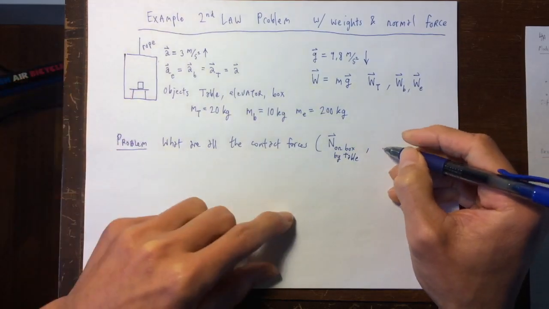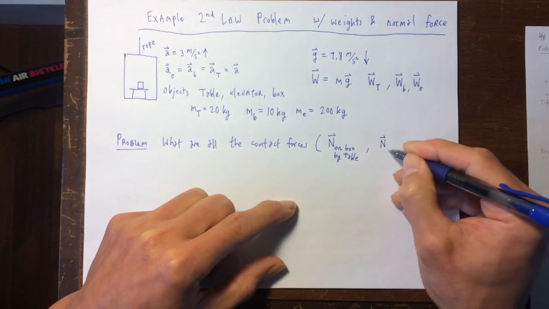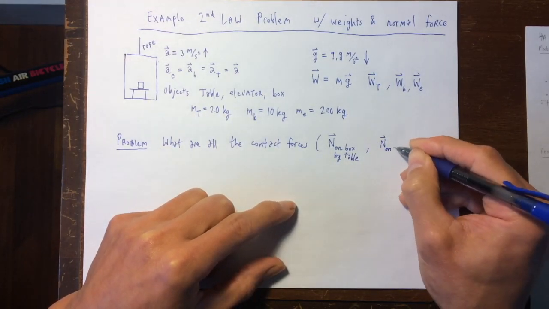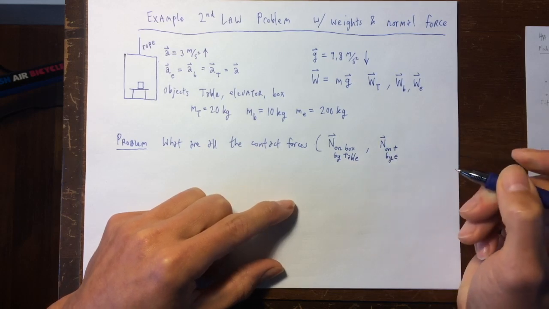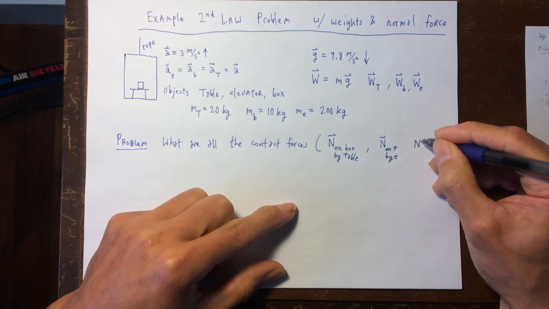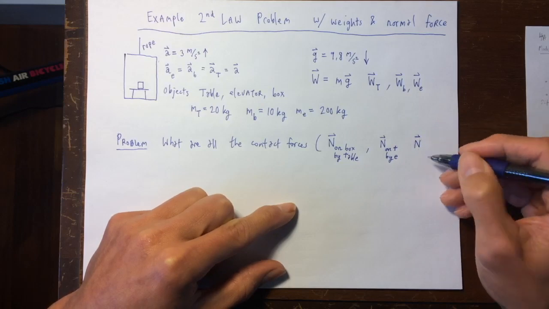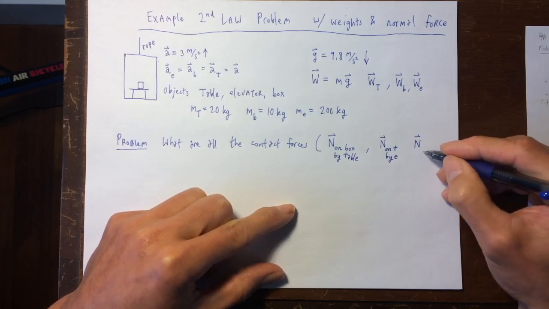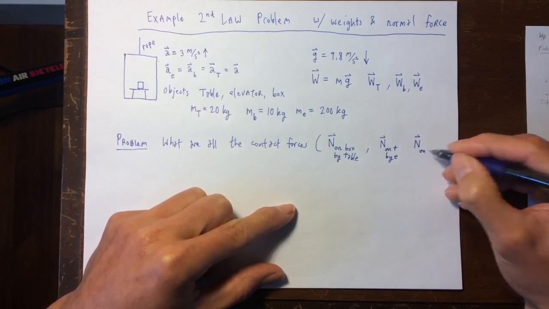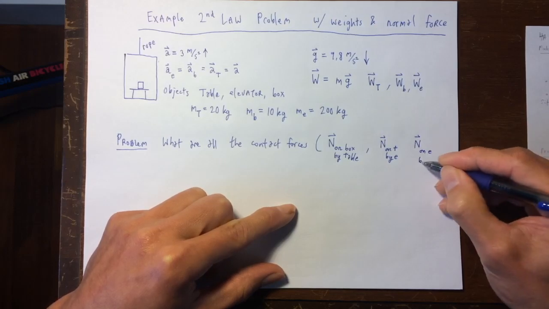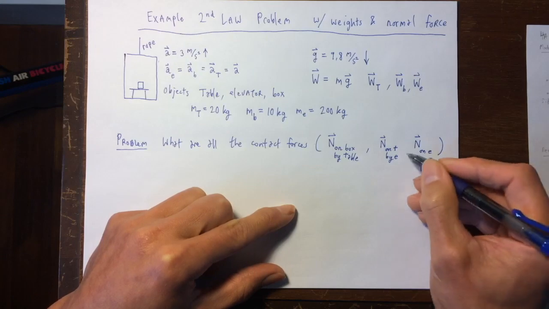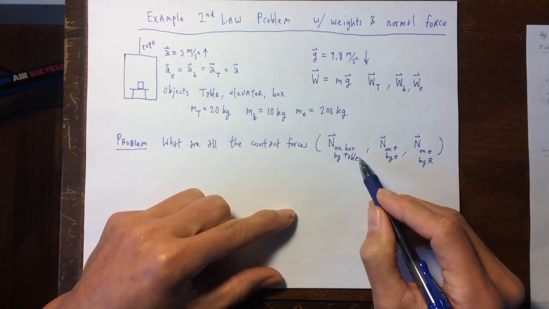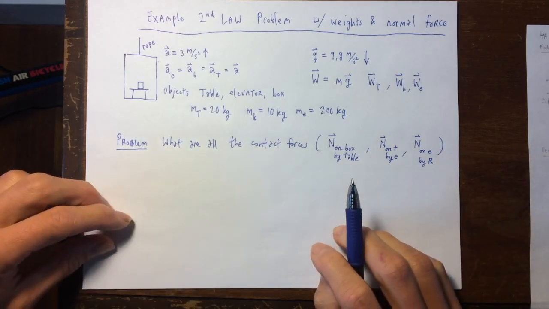After that, we're going to find the normal force on the table by the elevator instead. And then later, I'll ask, what's the contact force on the elevator by the rope? So these will be some of the forces that we're looking for.